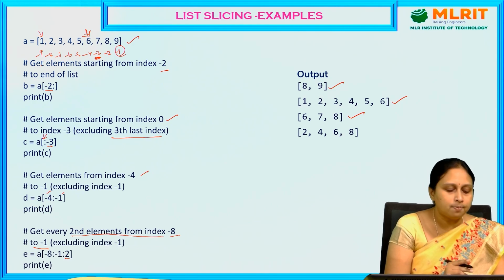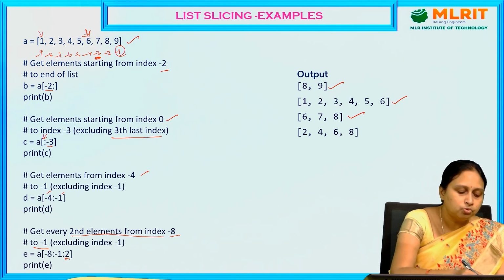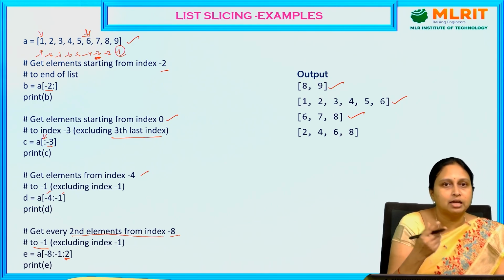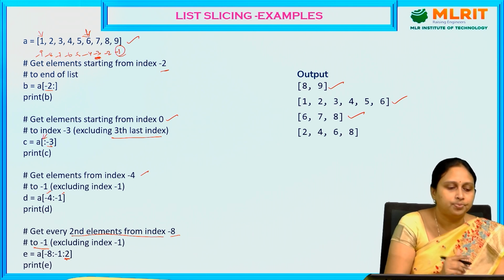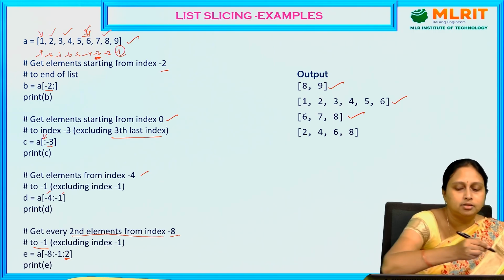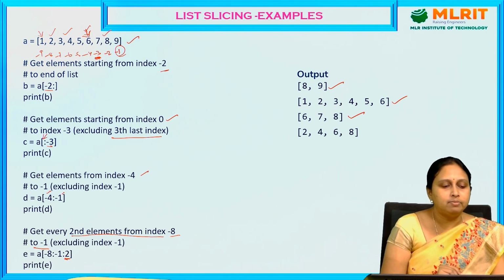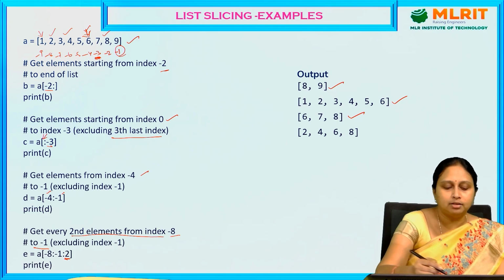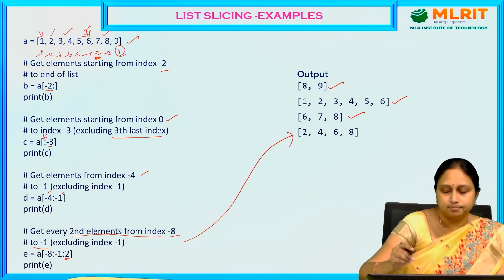But we are going to move with step 2, that means every second element from the list we are going to take. Every second element is what? 2, 4, 6 and 8. These are all the every second elements in the list. Those elements will be gathered and printed.